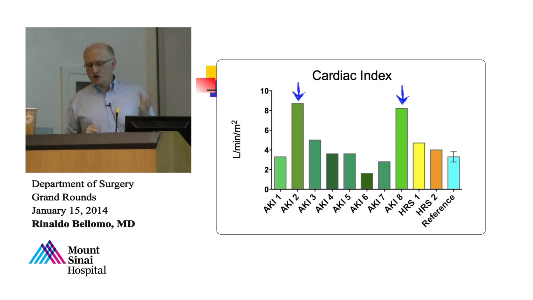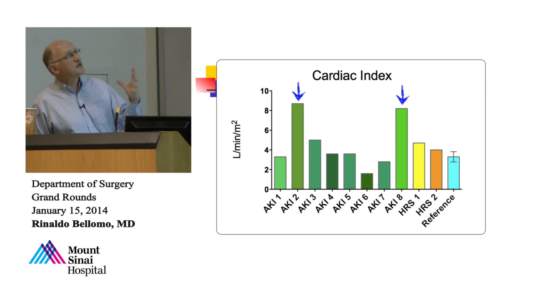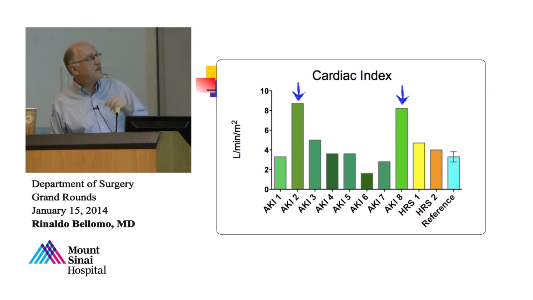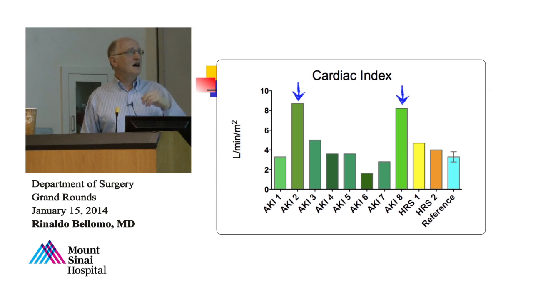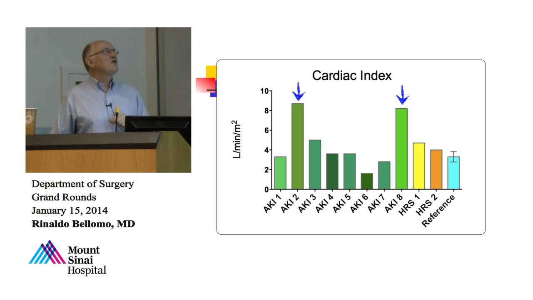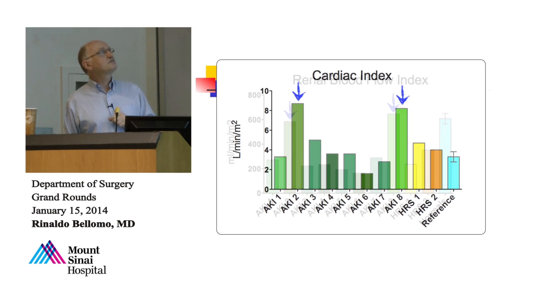First of all, let me just show you the cardiac index of these patients, and you can see that there is extraordinary variability in human beings that were taken to the magnet at that time. Some were hyperdynamic, some were normodynamic, and one was hypodynamic. I'm putting the arrows there for the 2 patients that were very hyperdynamic because I will return to that in a minute.